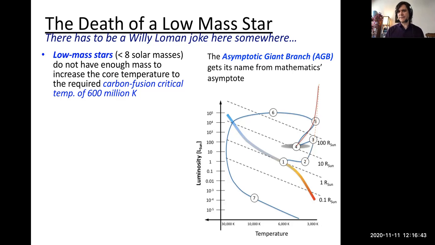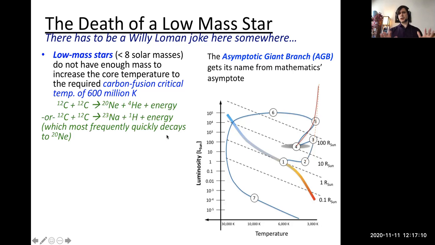They simply don't have the mass to drive the core temperatures to that temperature, which means there will never be another round of fusion. We can't play this game of starting a new round of fusion, turning the ash core into a new fusion core. That game is done, which means that the tank is running out of gas. It's running out of things in the star it can fuse into heavier elements. It's running out of a way to power itself as a star.